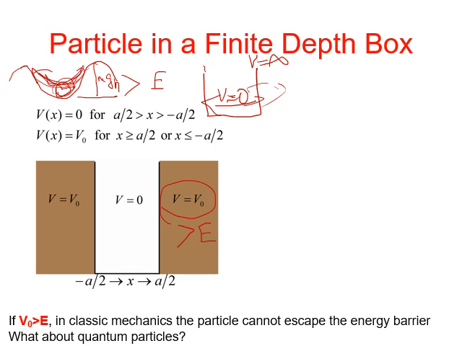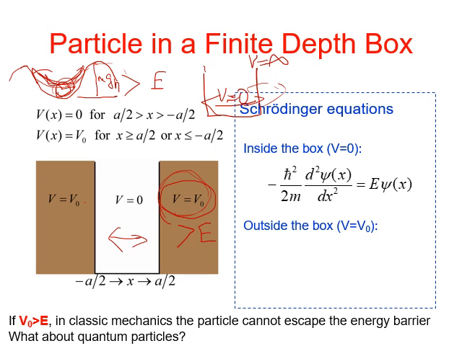It cannot escape from this trap. This is a classical view of the particle. What happens in quantum mechanics? The particle moves freely inside here, but you have a high potential energy on the 2 ends. So we are going to solve the Schrödinger equation and see what is the wave function outside the box.